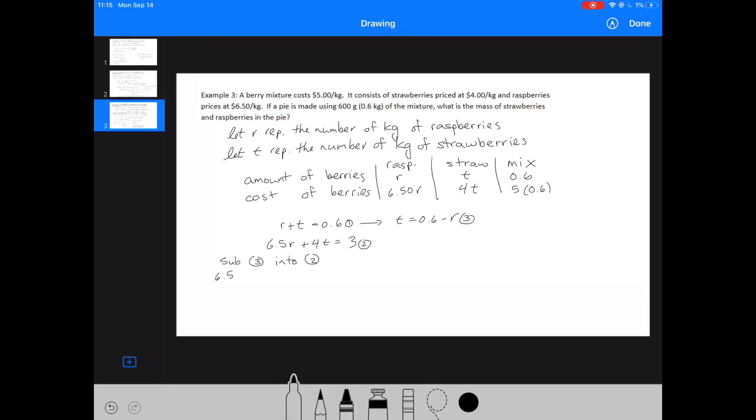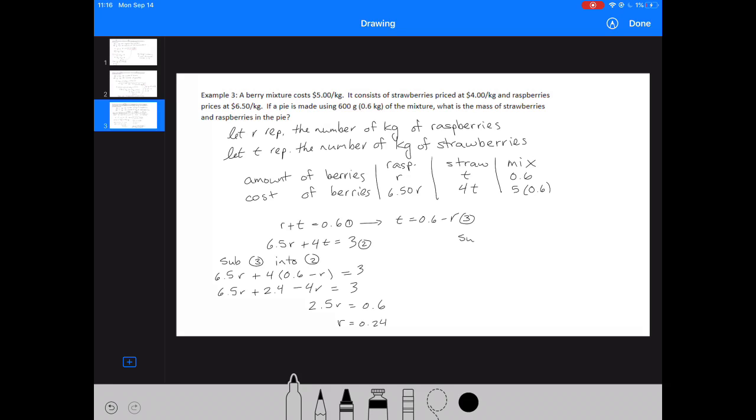So I've got 6.5R, that stays the same, plus 4 times 0.6 minus R equals 3. So 6.5R plus 2.4 minus 4R equals 3. And now I can simplify and rearrange to get the variables on one side and the numbers on the other side. And I should get 2.5R equals 0.6. And that means that R equals 0.24.